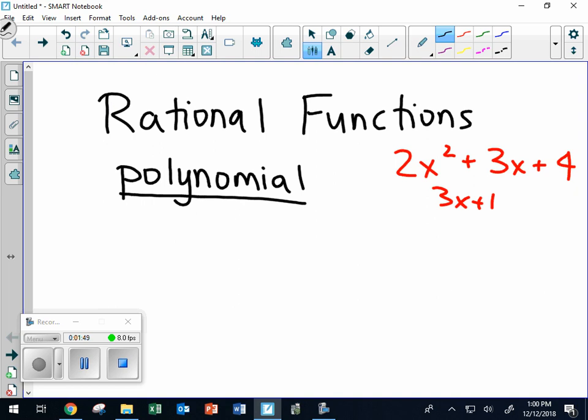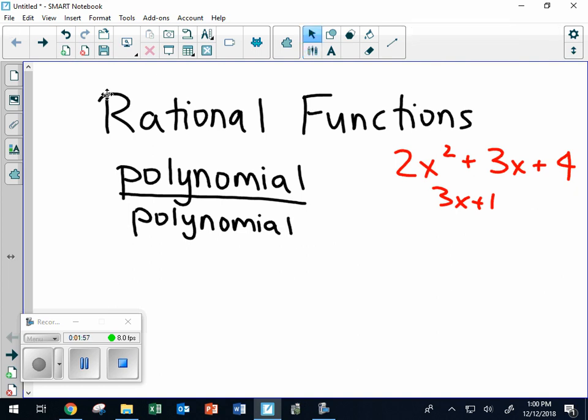If you take this polynomial and you divide it by another polynomial, so for instance, we have two polynomials over here, and if we took one and divided it by the other, that's a rational function. It's as simple as that.